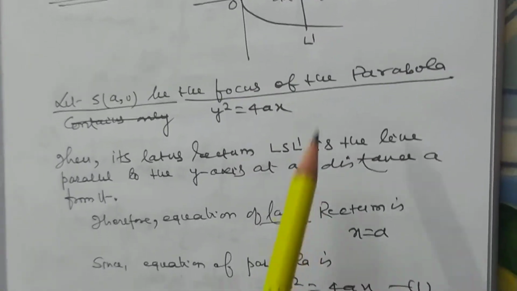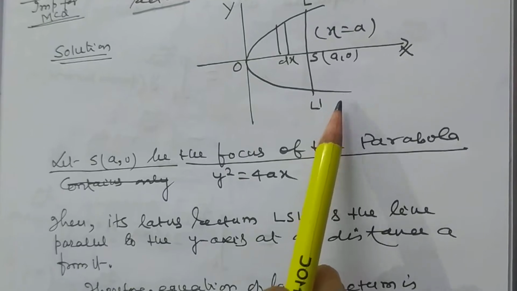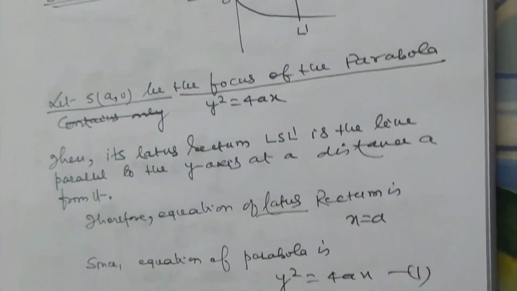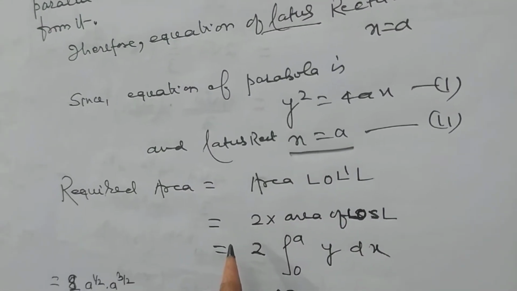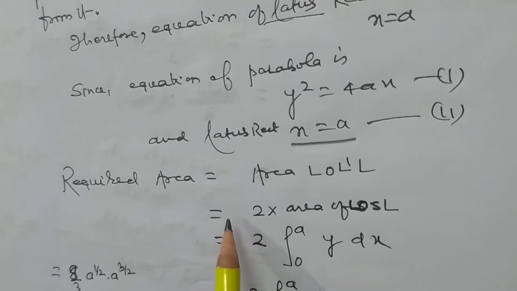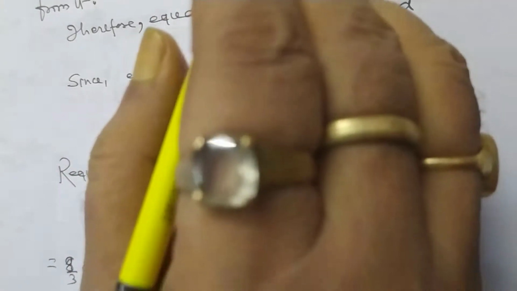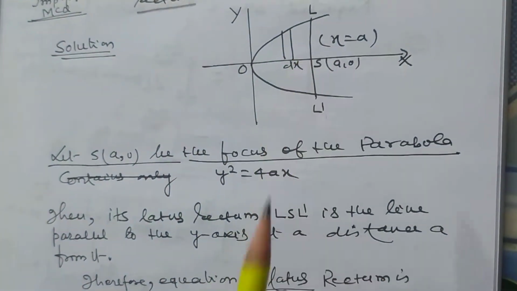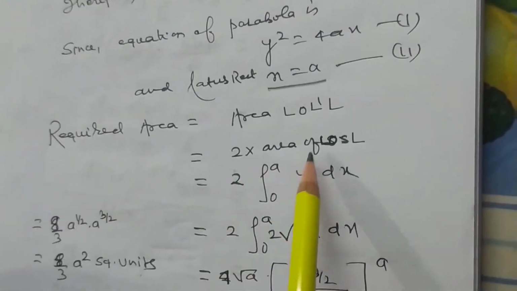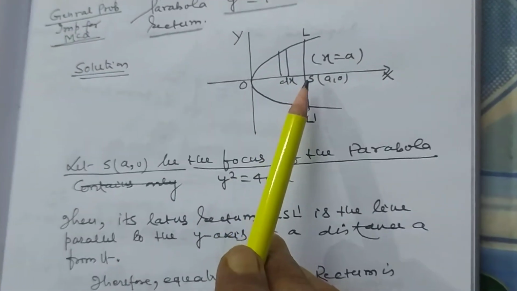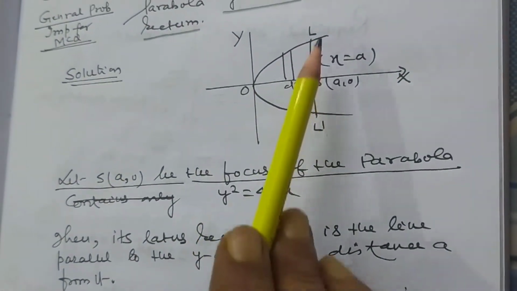And x is equal to a is the equation of the latus rectum. So the required area is equal to the area of LOL'O, that is twice the area of LOSL.